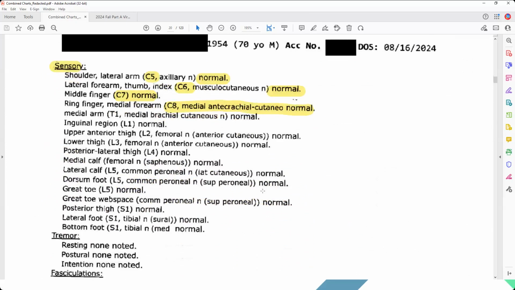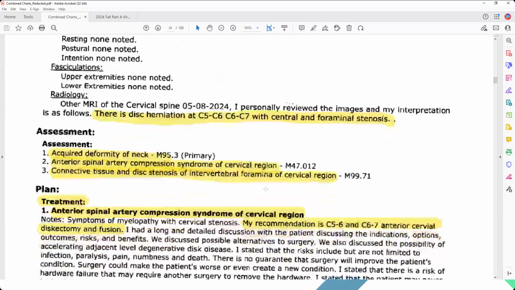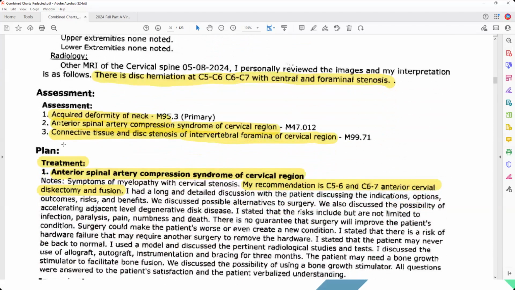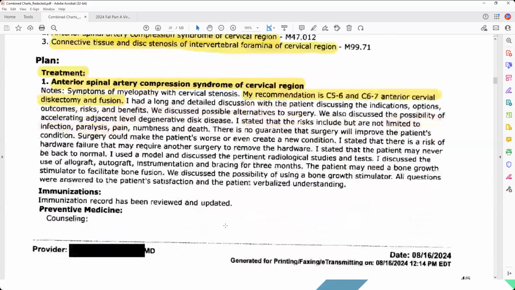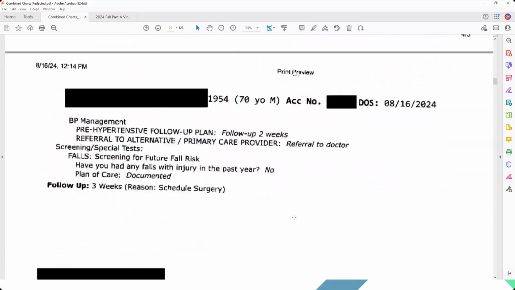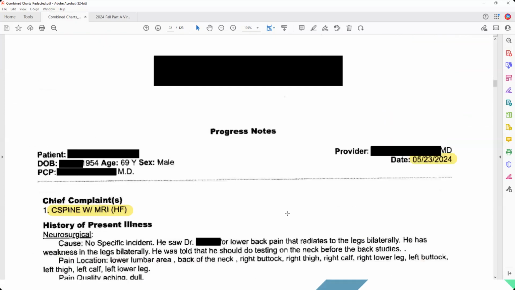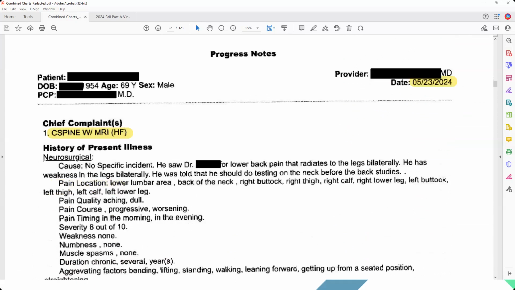Again, some normal findings in the sensory. And then we look again for these assessments, et cetera. So the big thing with this chart, and I can continue to go through it, but there's a lot of that, aren't needed for our overall review.